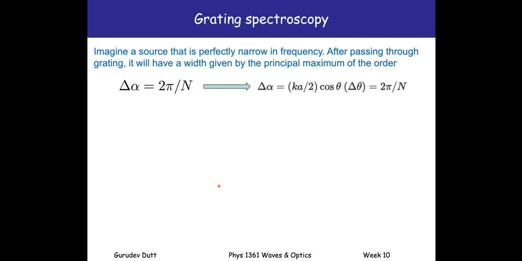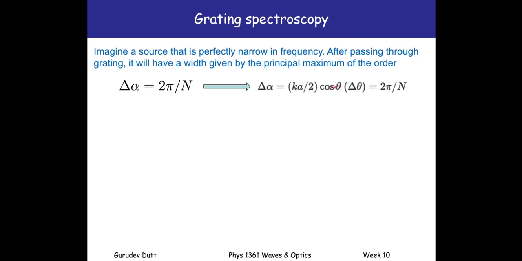Then, after passing through the grating, we know the width of the principal maxima is given by delta alpha equals 2 pi over N. And since alpha equals K a over 2 times cosine theta, delta alpha will vary with delta theta just by differentiation. Sorry, it was K a over 2 sine theta, I think. Yes.